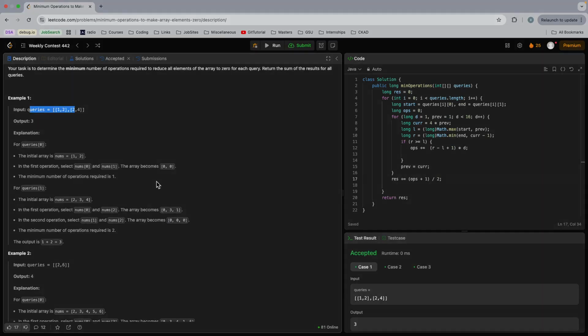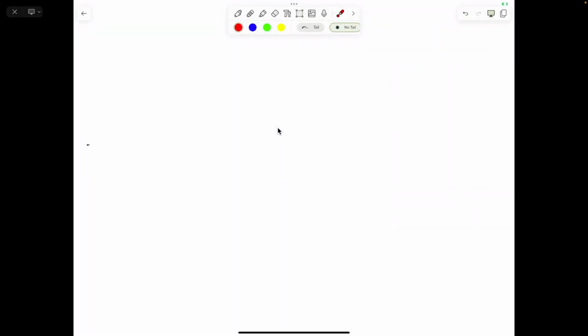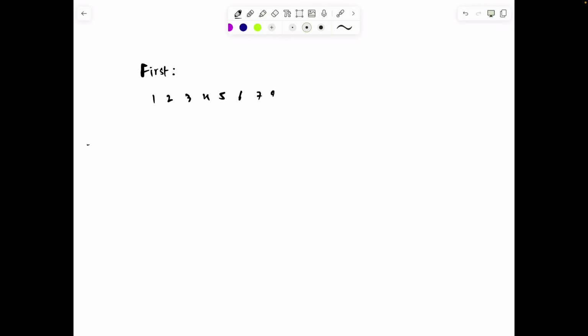Now let's see how we go about this. The first thing to notice is if you take numbers 1, 2, let's say I'm just going to keep writing till I don't have any more space left.